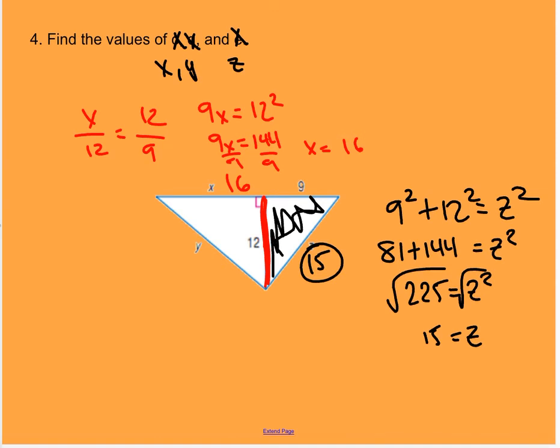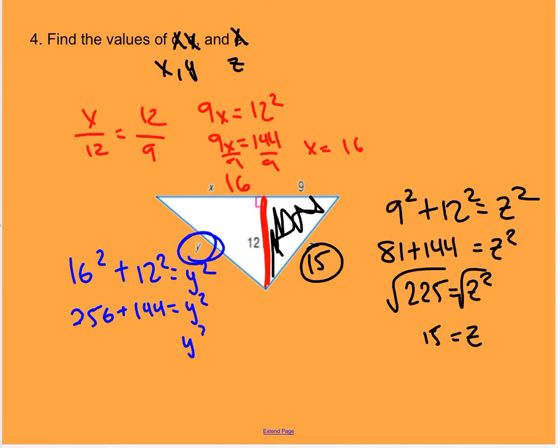So then final piece, figure out y here, is going to be 16 squared plus 12 squared, and that's got to give me y squared. So 16 squared is 256 plus 144, because that's what 12 squared is. So y squared equals 400. So y is going to equal 20. So this guy is going to be 20 right here.